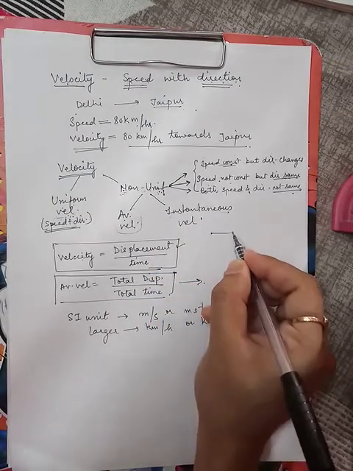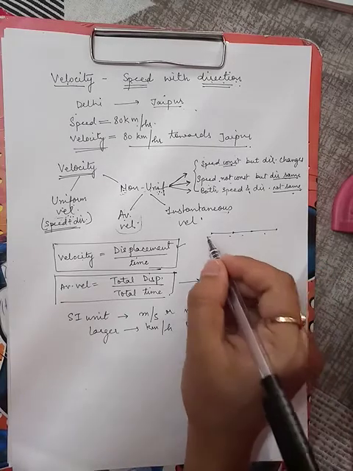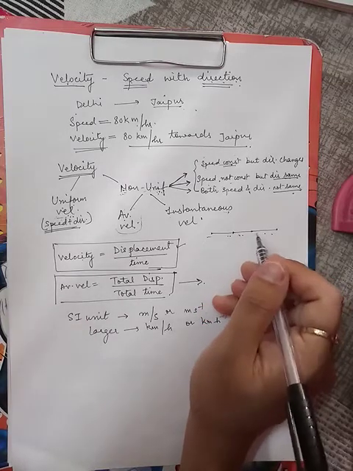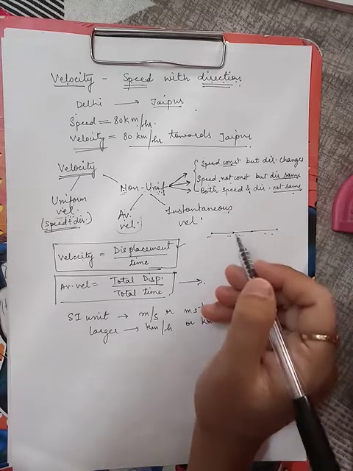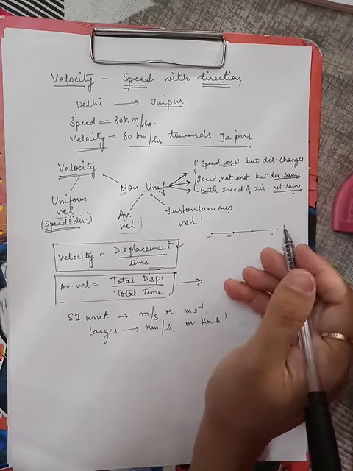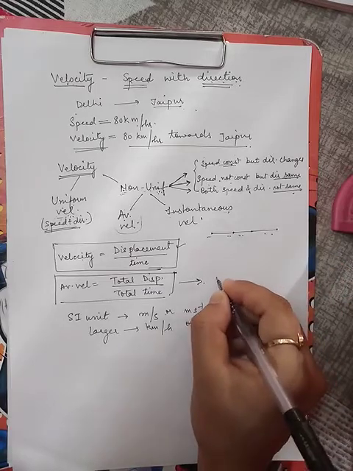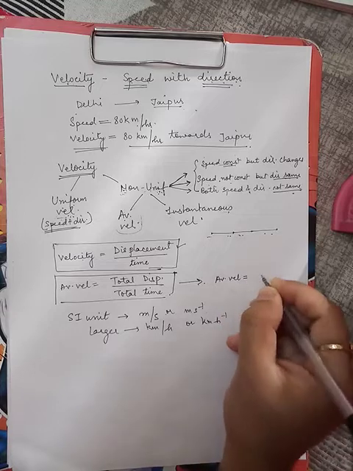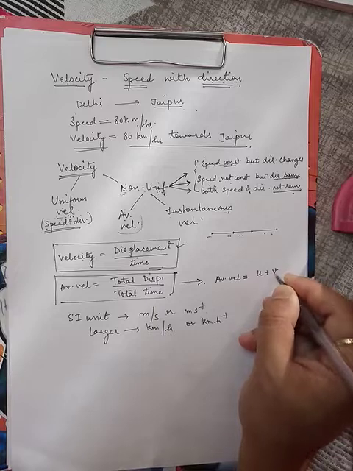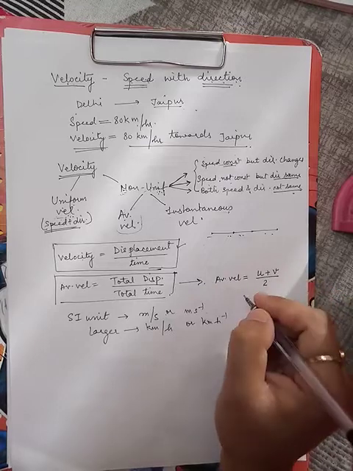From P to Q, Q to R, R to S. For every period of time, or for every distance, the velocity is not same. If it is not same, that means it is changing. And if it is changing at a particular uniform rate, right, it is changing uniformly, then we can use the formula for average velocity as initial velocity plus final velocity divided by 2. That means mean of initial velocity and final velocity.